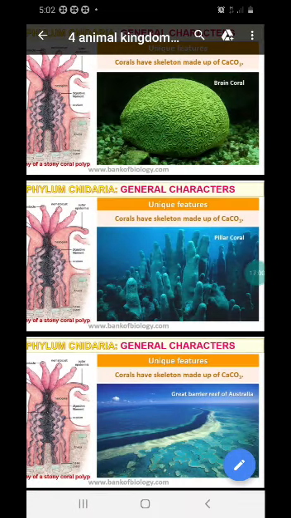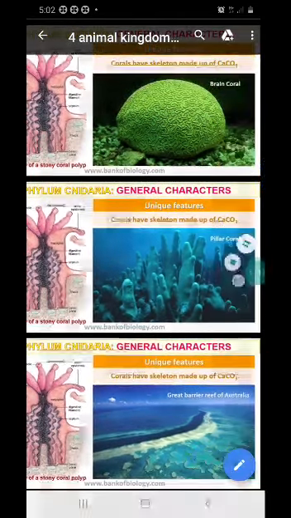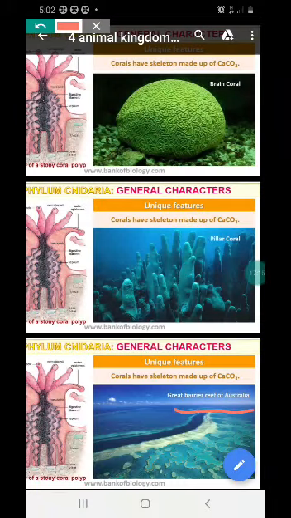These are the brain coral, pillar coral. See, there are some islands completely made out of coral reefs, for example, the Great Barrier Reef of Australia, right? They are formed completely of corals, right?